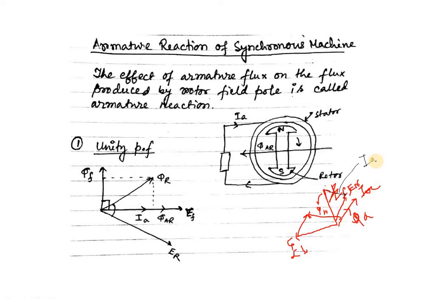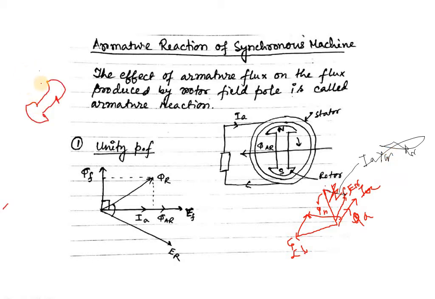It will be IA XAR, that is, the reactance voltage drop.